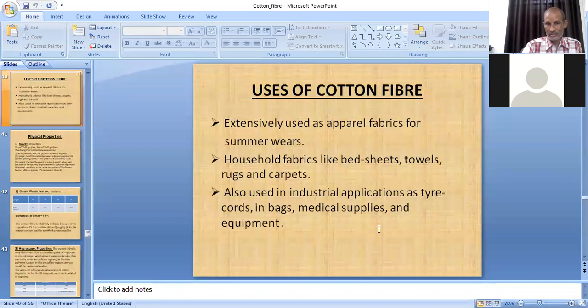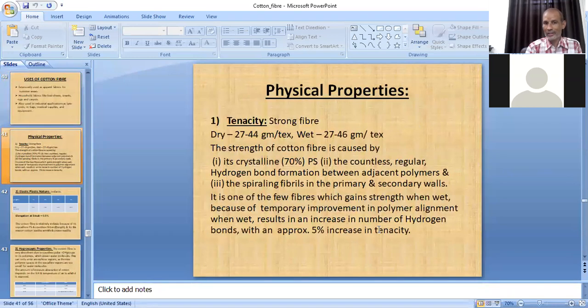Yes, the next is a very important topic again, physical properties of cotton fiber as well as chemical properties of cotton fiber. And this topic can be understood if you remember the topic of first unit, in which we have taken general considerations with regard to fiber properties.